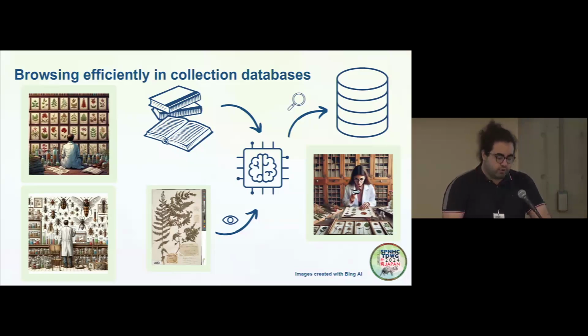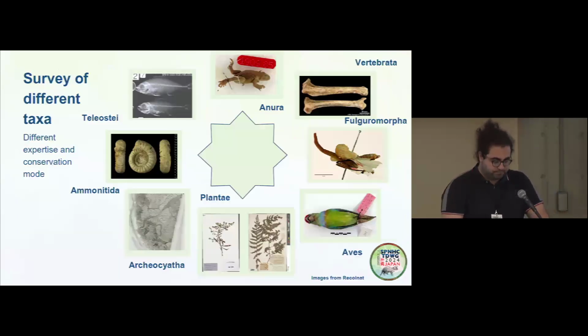Another way of approaching the browsing of collection databases would be to enhance these databases with traits associated with specimens or with species that can be found in literature. And this, for example, can be extracted by computer vision for specimens or directly by text mining in the literature.